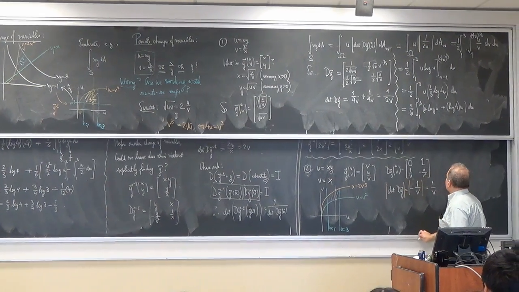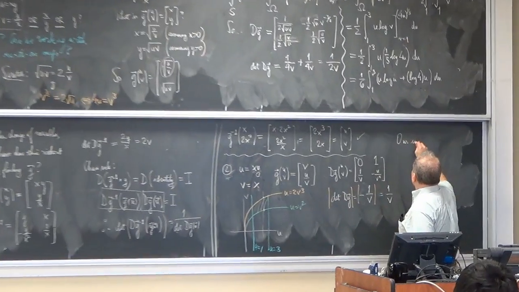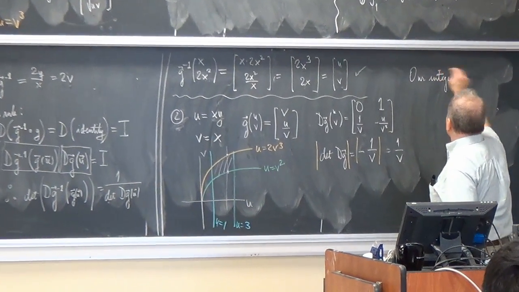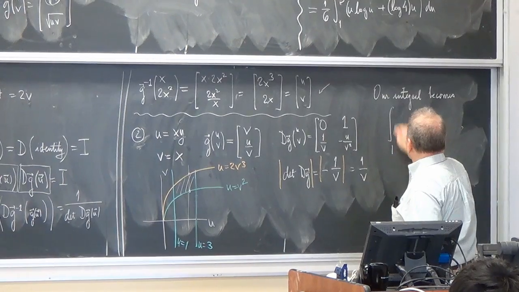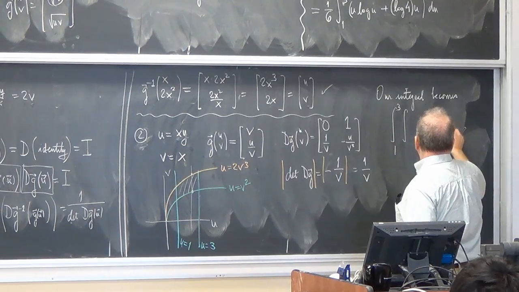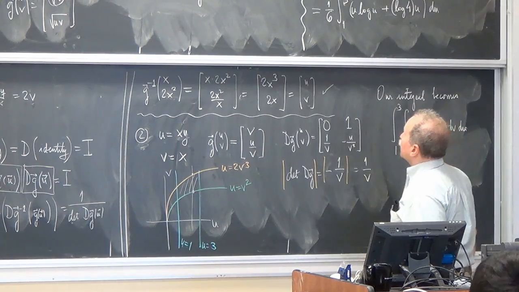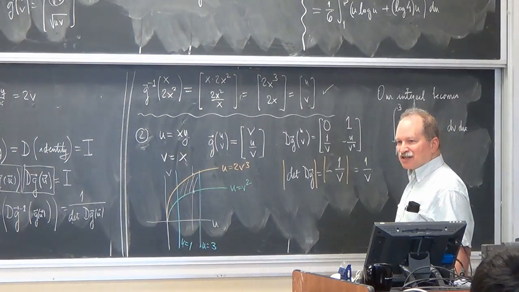So what would we have? Our integral would become u goes from 1 to 3. Our function we're integrating is xy. That's still u.